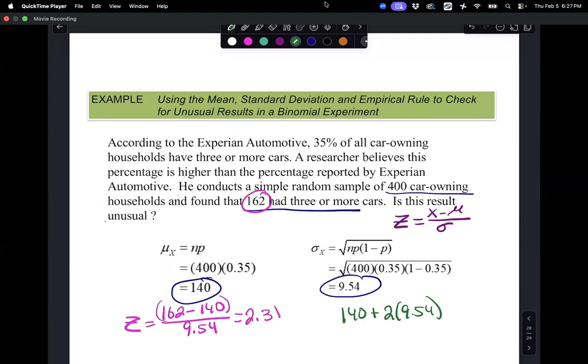That equals 159.08. Therefore, any value higher than 159.08 would be an outlier. So yes, it is unusual. Questions on this?